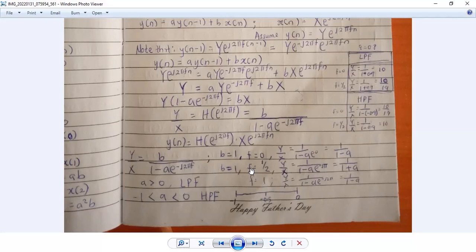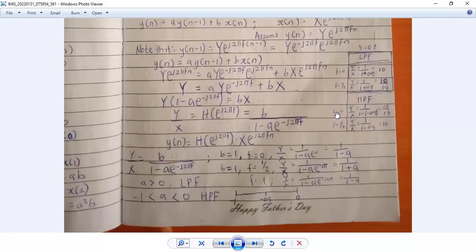Then at F equal to half, let's say high frequency, the transfer function is 1 divided by 1 plus A. Remember our A is -0.9. So plugging it into this equation, you have 1 divided by 0.1, which is 10. So this represents low frequency and this represents high frequency.